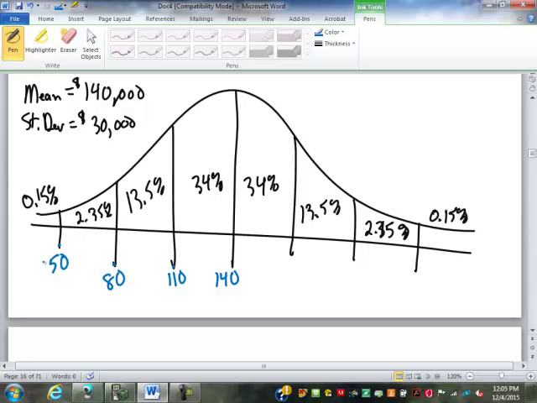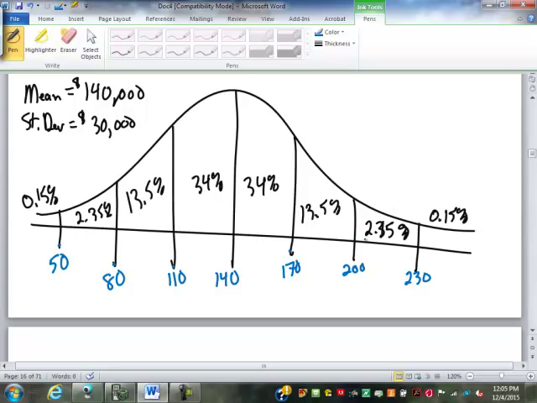Going the other direction, I'm going to give you a second. Fill in the numbers starting here, going up to the right. So here's going to be 170, 200, and 230.